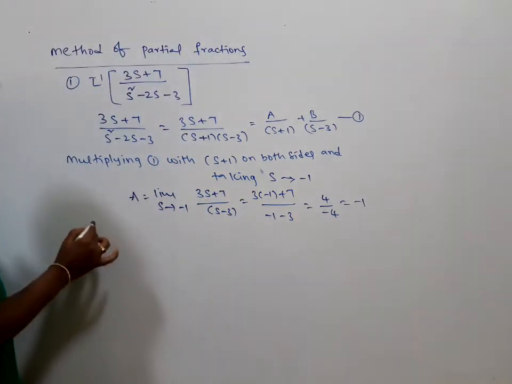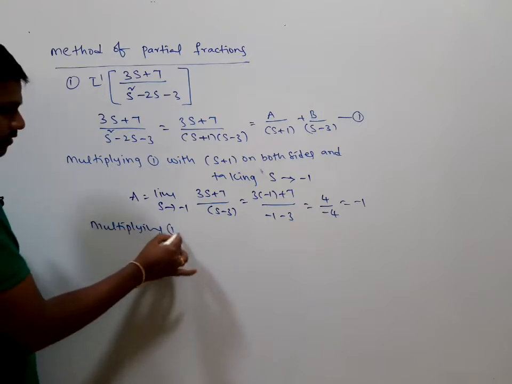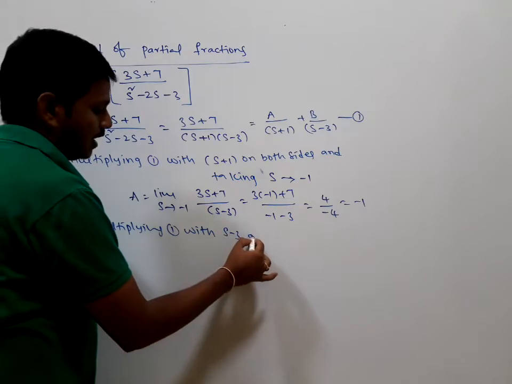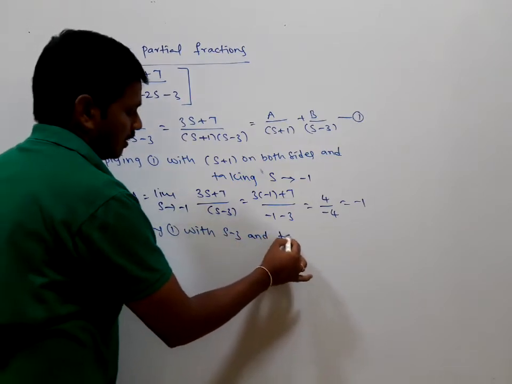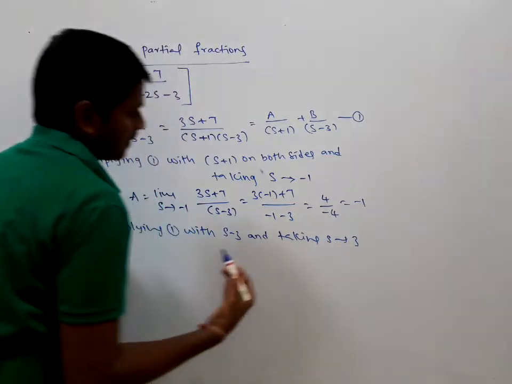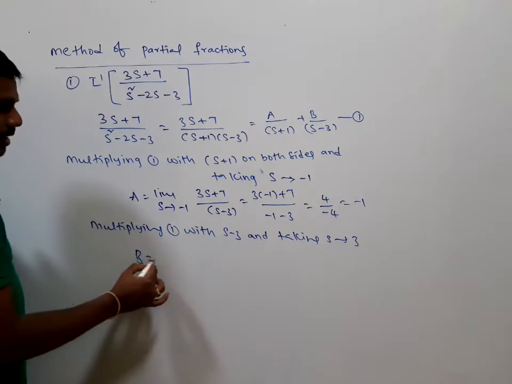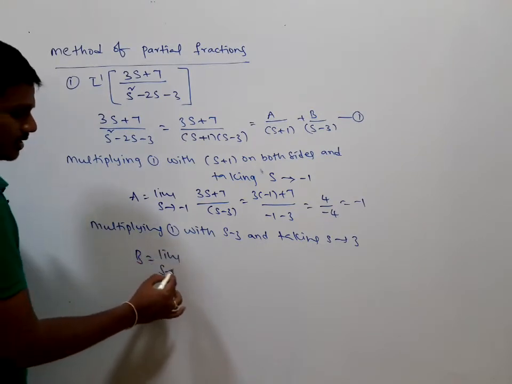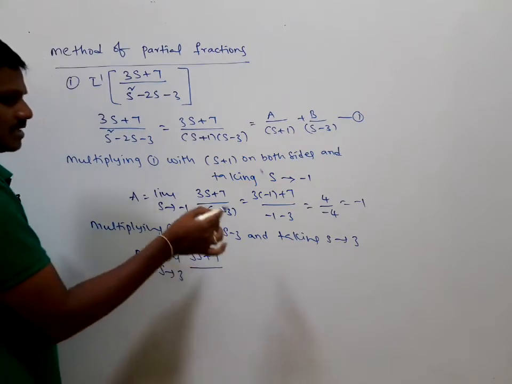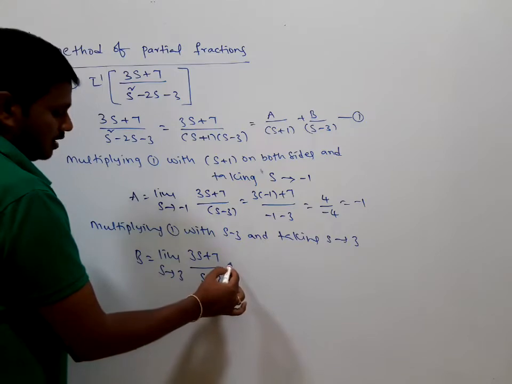Next, multiplying equation 1 with (s minus 3) and taking s tends to 3. So here it becomes B only, limit s tends to 3 of (3s plus 7) divided by (s plus 1), since (s minus 3) gets cancelled.